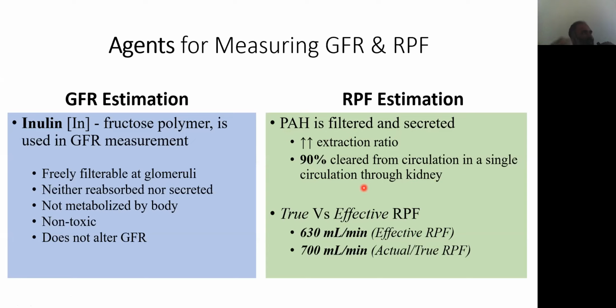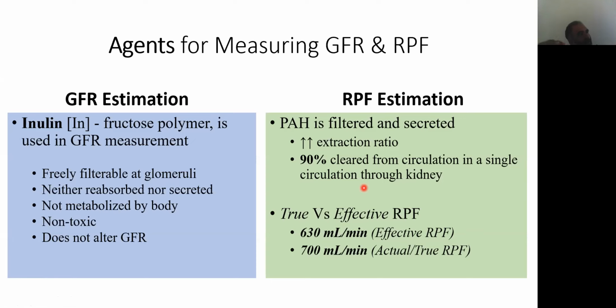So if it's cleared from the plasma, it then enters into the tubular fluid and you can now easily measure it in the urine. The point of saying this is that the amount of PAH in the urine will reflect both the PAH that got filtered and the one that got secreted.